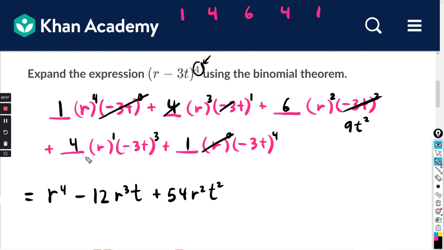All right, next up, negative 3 to the 3rd is negative 27, and the t is to the 3rd power. Okay, so we have 4 times negative 27. That's going to be negative 108. r to the 1st, t to the 3rd.